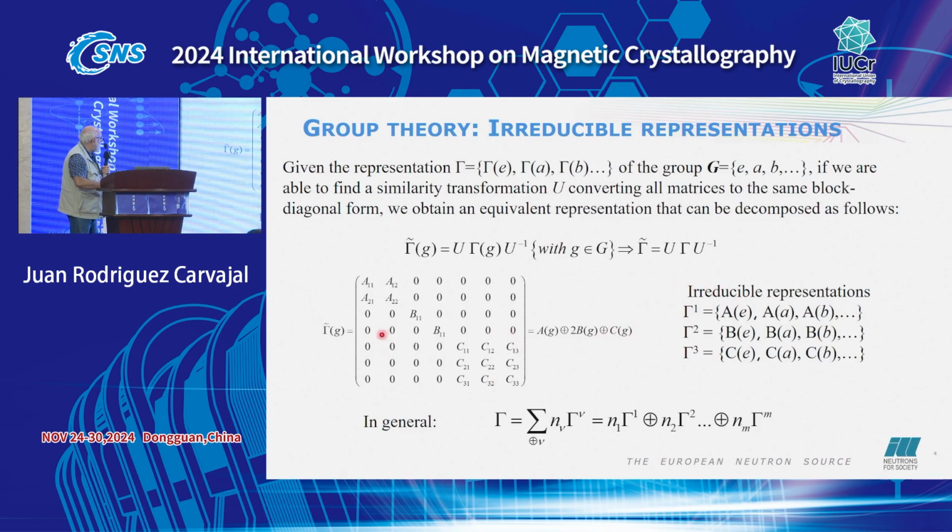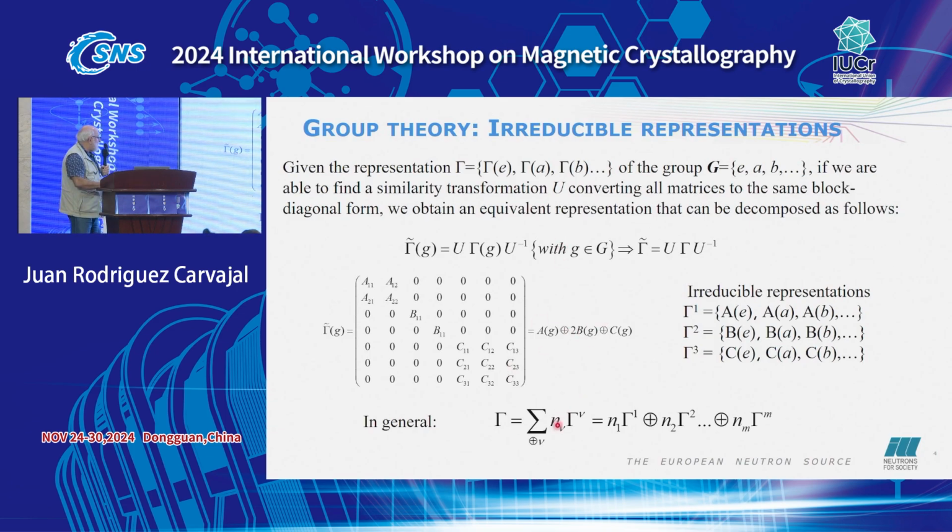And we say that this matrix Γ(G) is the direct sum of these matrices. Here we have 2 times the same matrix A, and 2 times B and C. A, B, and C are, in principle, irreducible representations. This is the meaning of irreducible representation. We cannot find another unitary matrix that makes, for instance, this C matrix smaller than that.